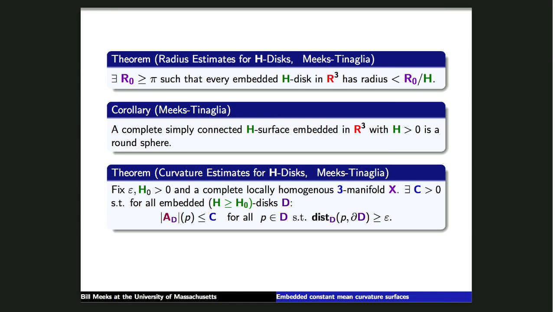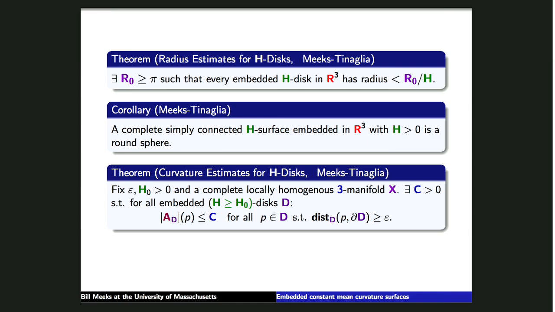So again, this is kind of like saying it's behaving like stable minimal surfaces, except the relationship is not as nice as one has for stable minimal surfaces. It says once I'm at least some distance from the boundary, I have a uniform estimate for those disks. And I don't know if you can see it, but this theorem immediately gives that radius estimate.